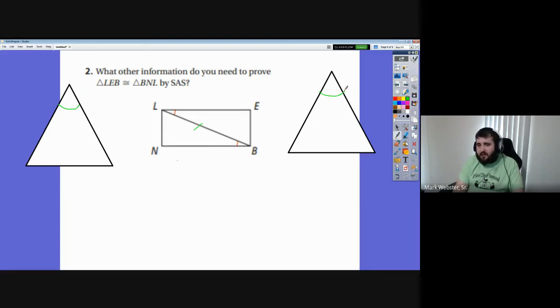Again, this is not something you have to do, but it helps. If you're stuck, if you're confused, if you're having trouble seeing it, start here. So on this triangle, angle B is this given angle, and I know that this is BL, and so this one has to be N. And then, if L is here, going down the 1 here, that's B over here, and that's E over here.